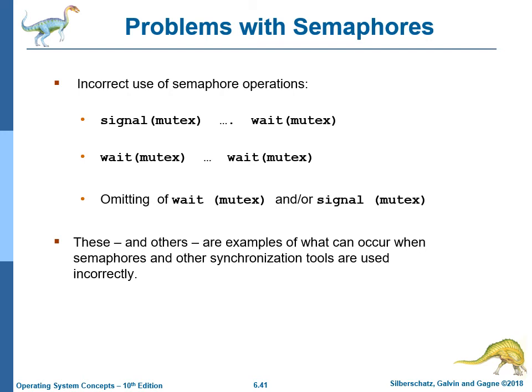So even though the semaphores normally are implemented in multiprocessor environments, however, these semaphores do not eliminate the critical section problems, but they can make the critical sections more efficient, right?